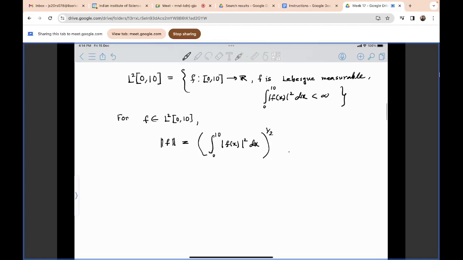Then this is a well known result that L2 of 0, 10 is a Hilbert space, meaning this is a complete inner product space.